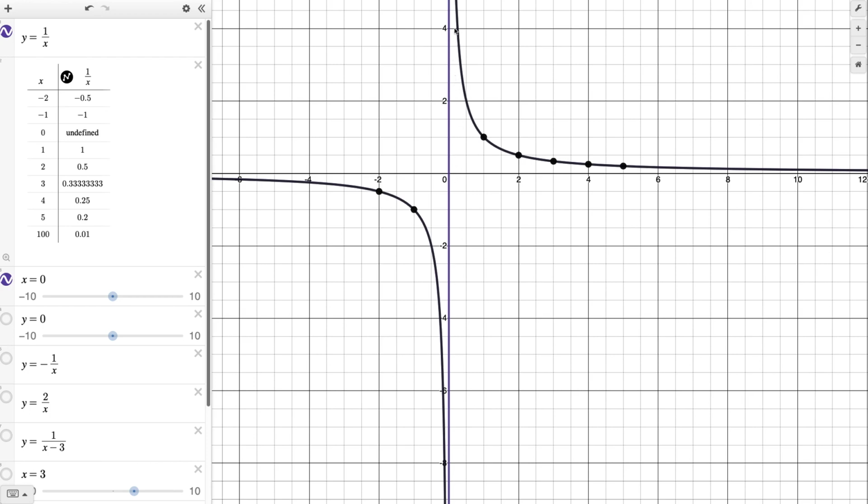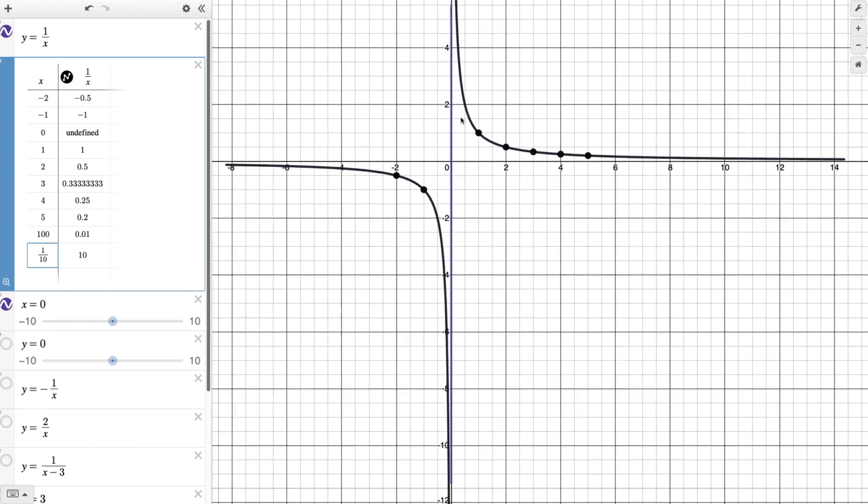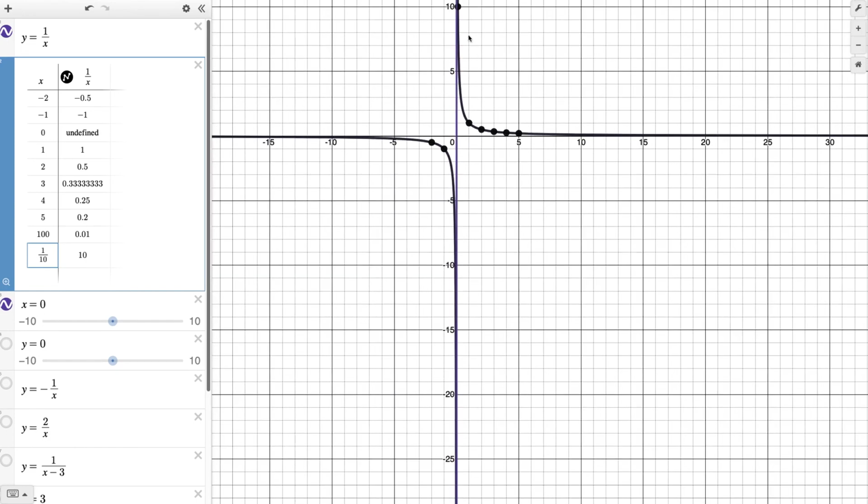Now, what happens to the values of y, the reciprocal? What would we end up getting here? For example, what if I had 1 divided by a tenth? 1/10 is my value of x. Well, the reciprocal of 1/10 is 10 over 1, or 10.